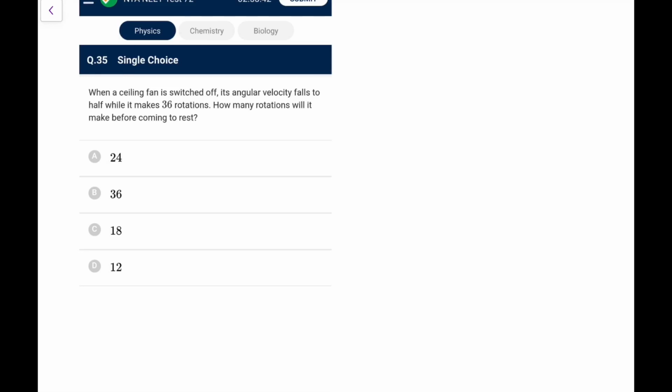Next, when a ceiling fan is switched off, the angular velocity falls to half and it makes 36 rotations. How many rotations will it make before coming to rest? It's a standard question. You can apply the third equation two times, or I'll typically explain it like this. Draw omega versus t. Let the initial velocity be omega naught, because it will have a constant retardation. I assume it goes like this.